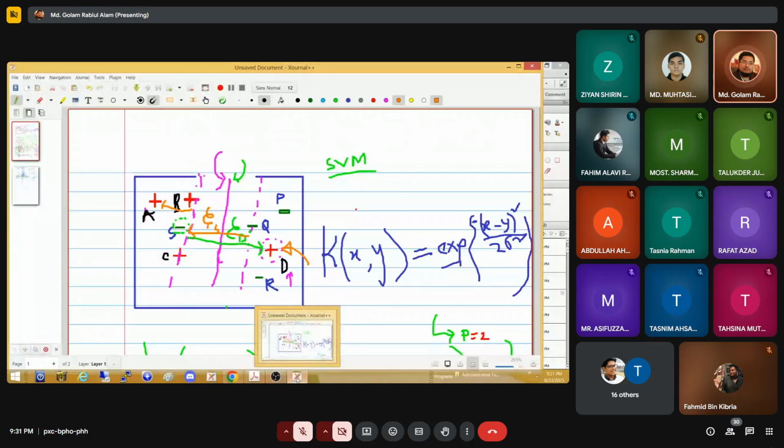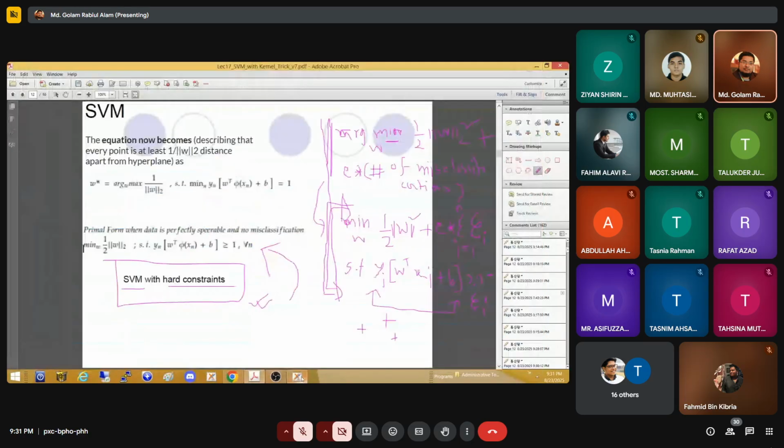So what we will get for the point d? This is actually original class label is 1. Okay, so yi will be 1, yd is 1. But w transpose xi plus b, this one will provide us a negative because it is below the hyperplane. Okay, so it will be negative.